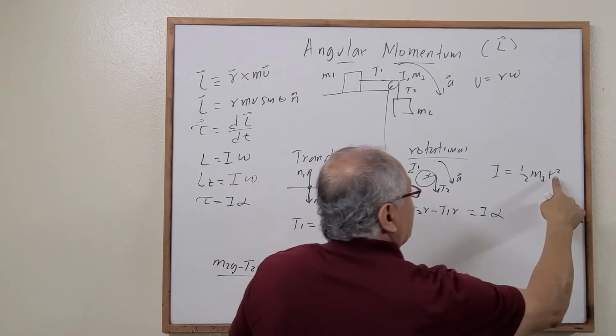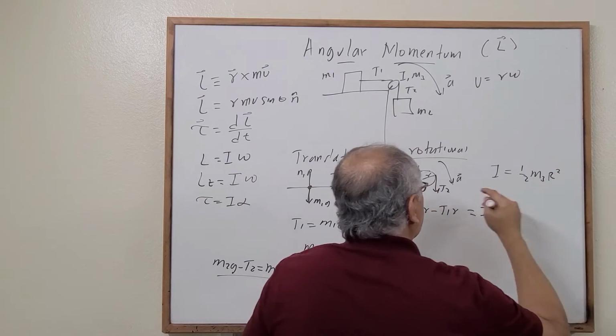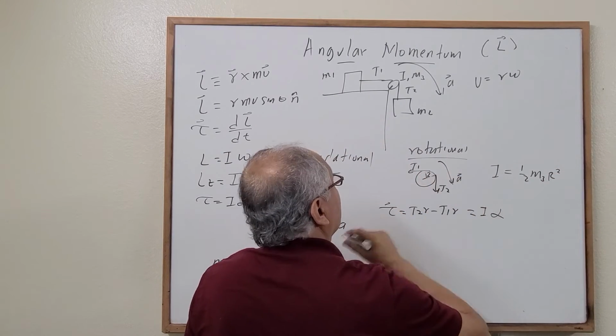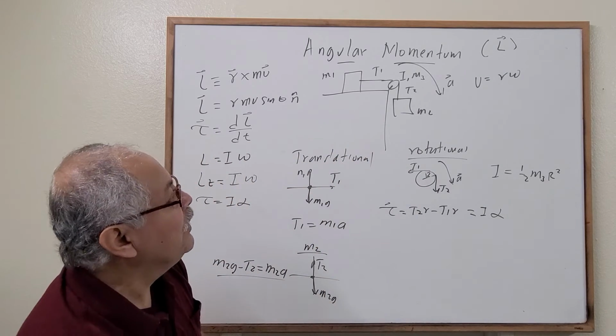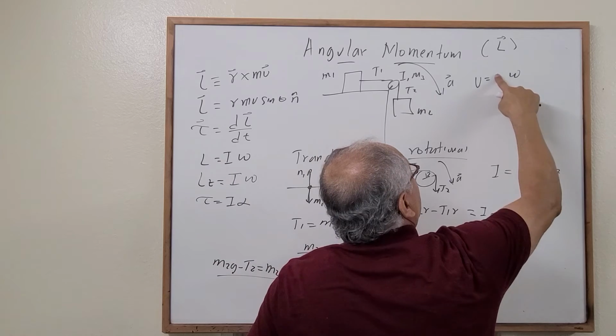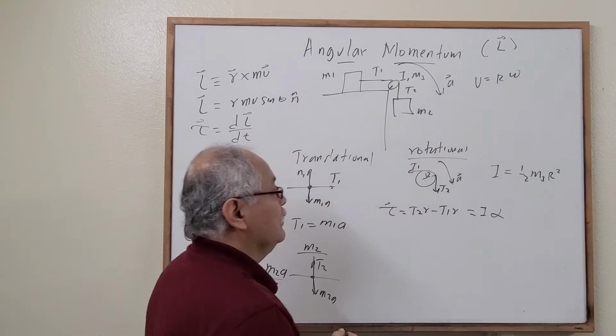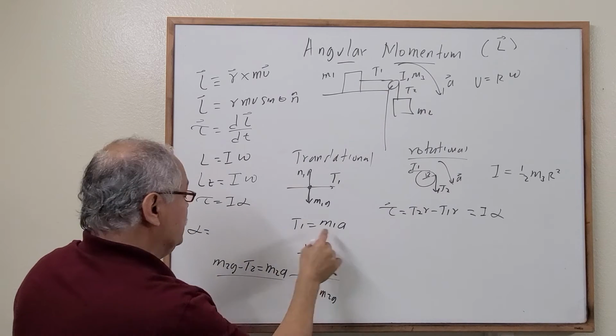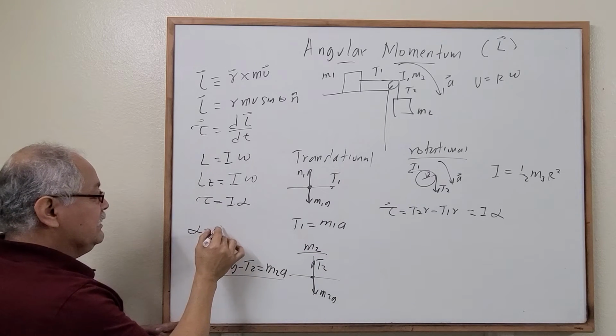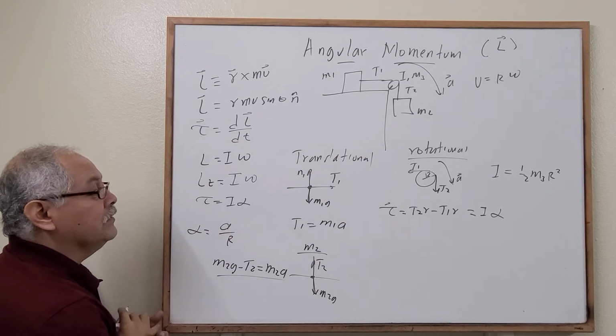Usually we use this big R because it's going to be constant. Also we know that alpha is related to acceleration. Alpha is acceleration divided by R.